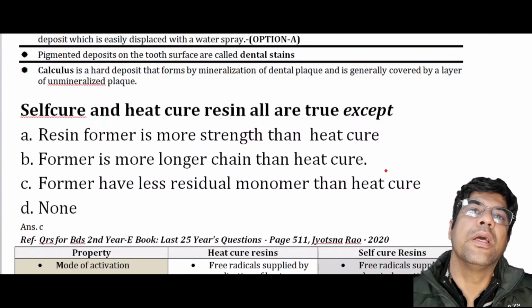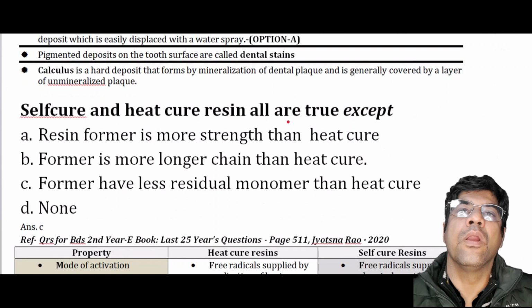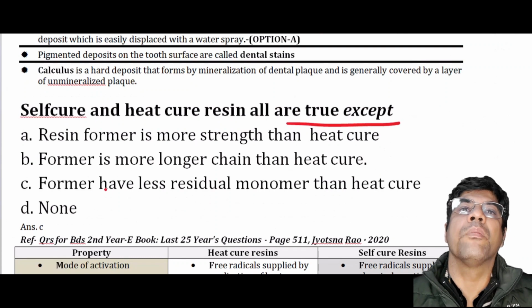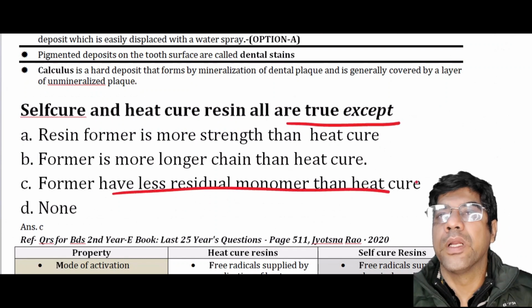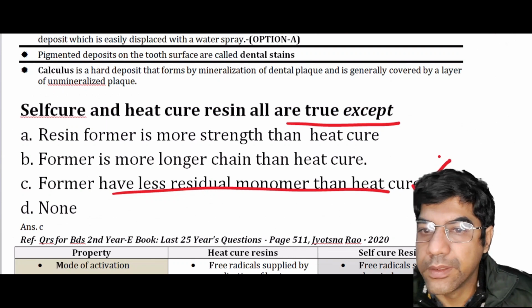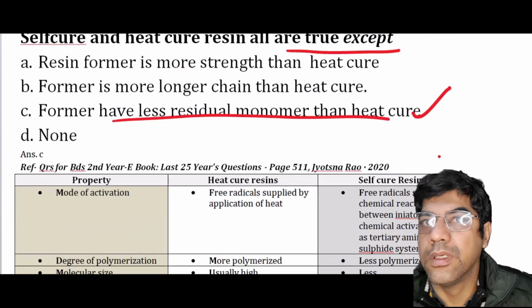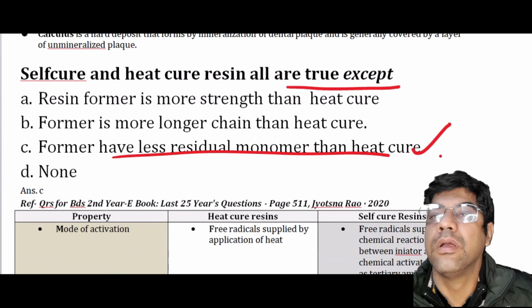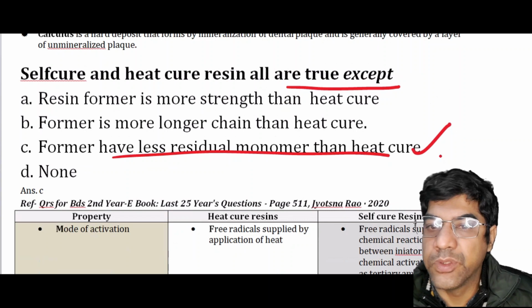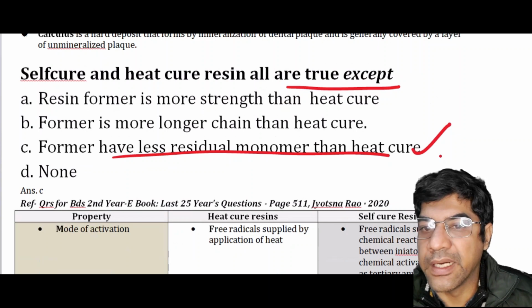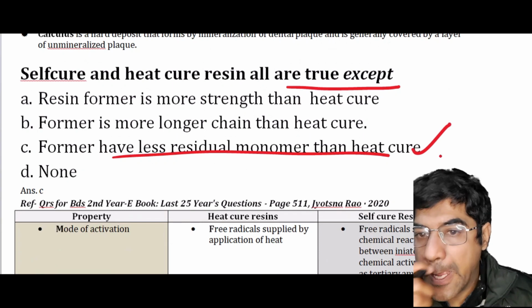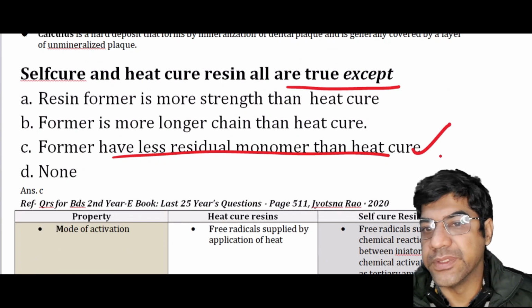The self-cure and heat cure resin all are true except, the answer is former has less monomer than the heat cure. The residual monomer refers to the unreacted monomer units that remain in the polymerized resin material after the curing process.